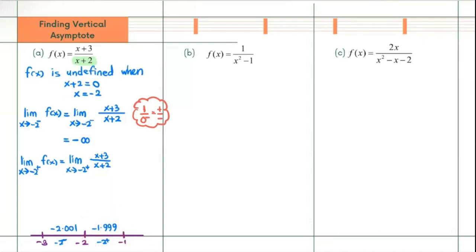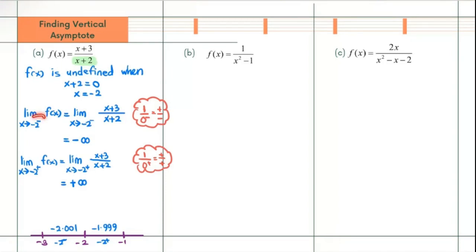So dalam kepala kita akan dapat 1 over 0 yang positif. So dekat sini kita ada positive value bahagi dengan positive value. So positif bahagi positif, we are going to end up dapat a positive infinity.